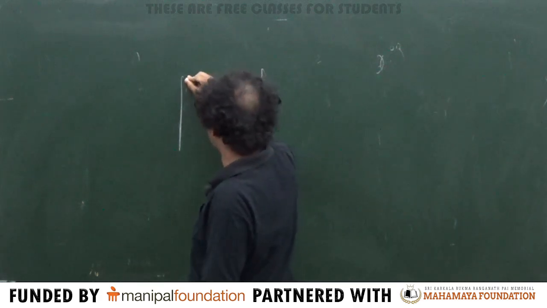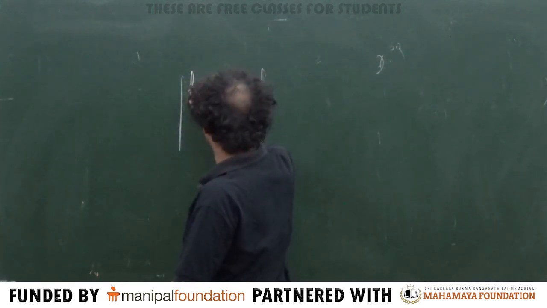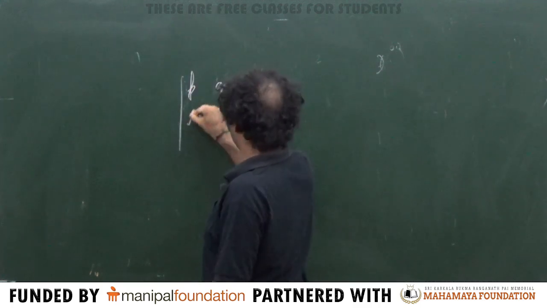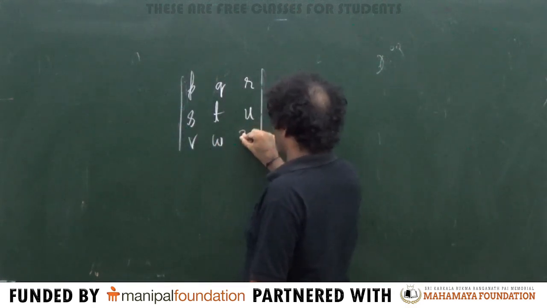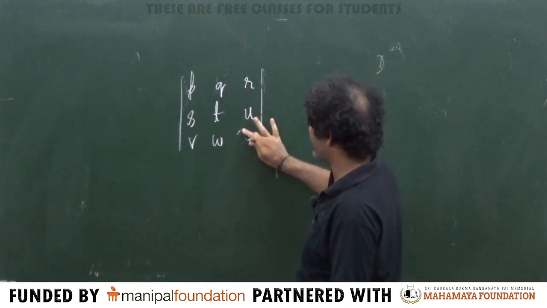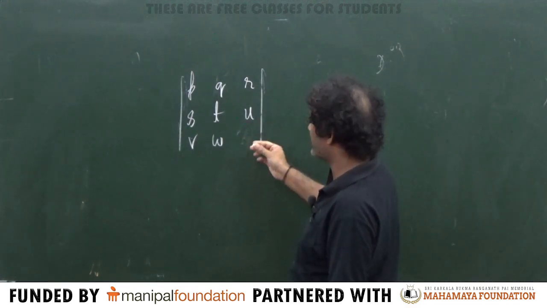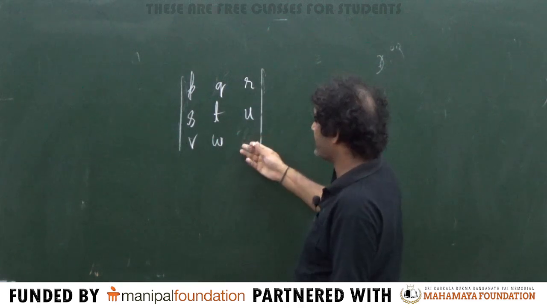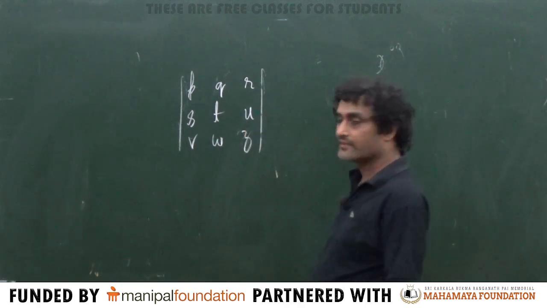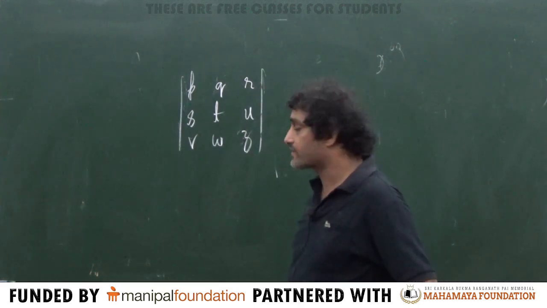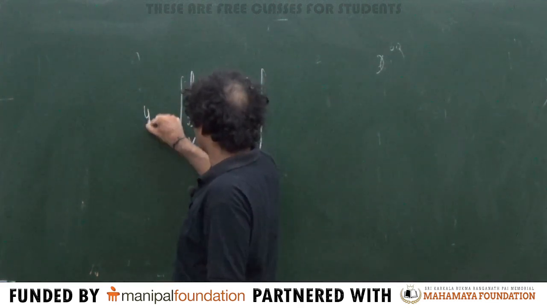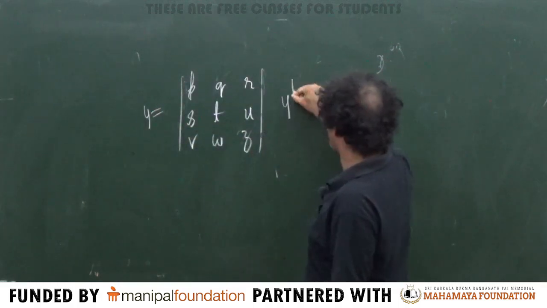I'm giving you functions starting from PQR. Suppose I start like PQR STU, VWX. I'll take Z, because if I give x, y, they look like variables, right? So I'll put this. If this is y, its differentiation is not difficult, okay?